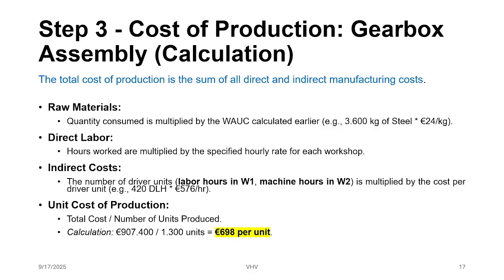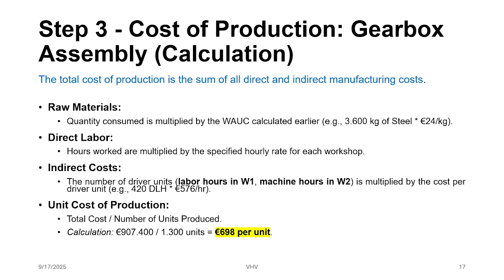First, we have the direct cost. The cost of steel alloy used is 3,600 kilograms times our weighted average unit cost of 24 euro per kilogram, which is 86,400.